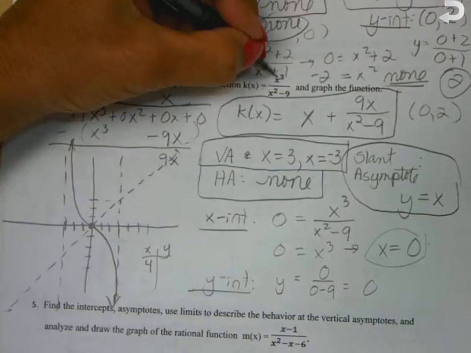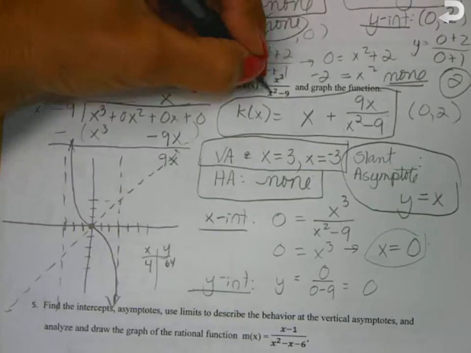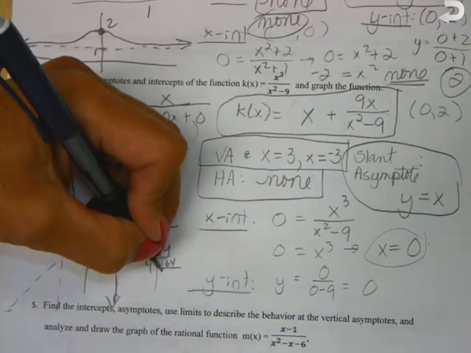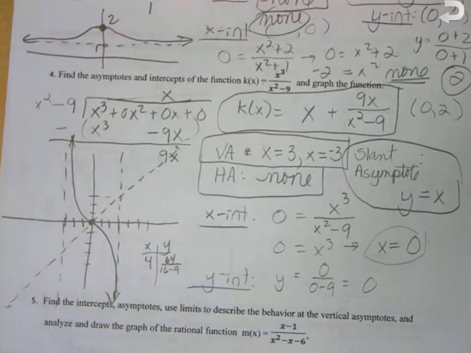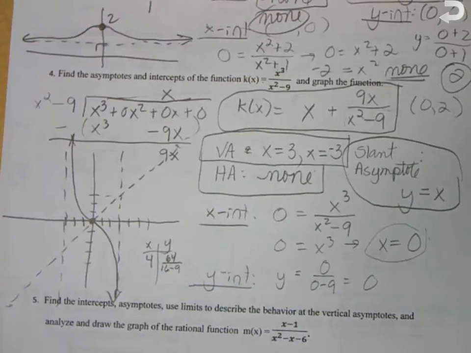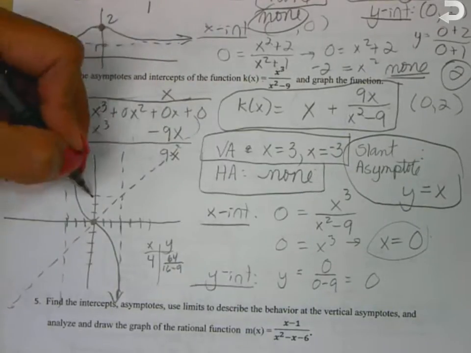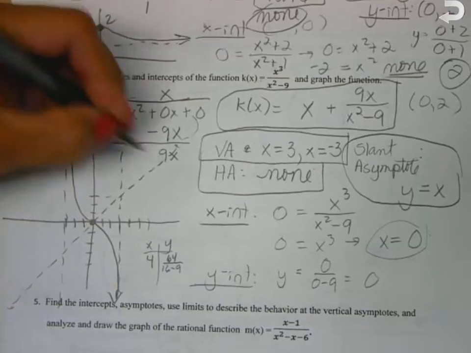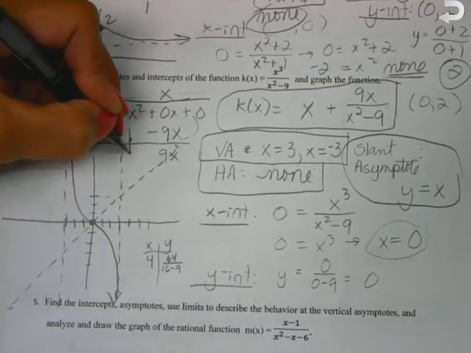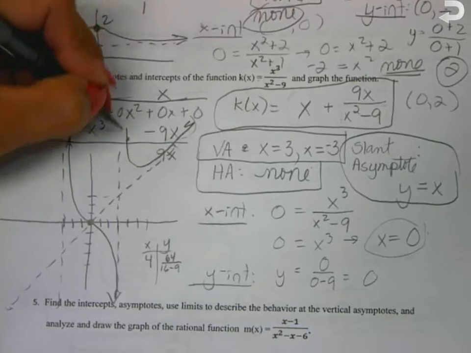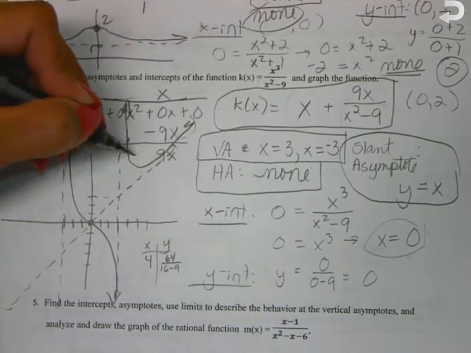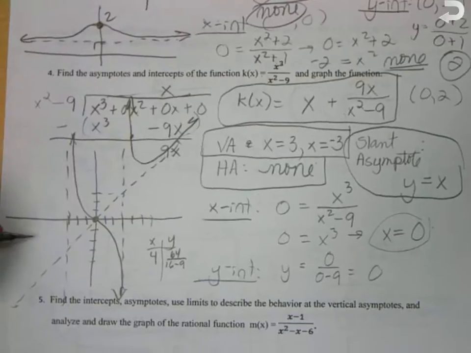Once I plot some points, say I plug in 4, I get 64 over 16 minus 9, and getting a decimal approximation for that, 64 divided by 7 comes out to be a little bit bigger than 9. So I would actually have a point that's way up here. This is at 3, so roughly up here.